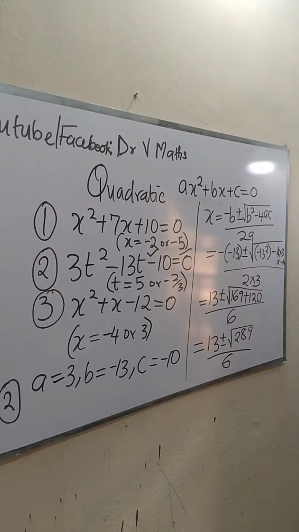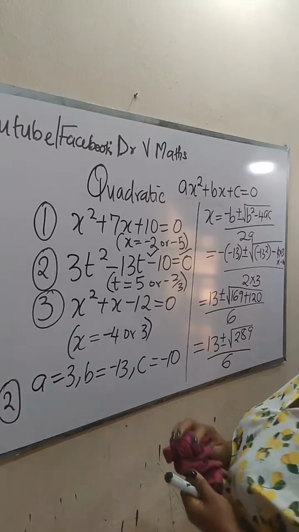What is the square root of 289? Let me solve it. The square root of 289 is 17.